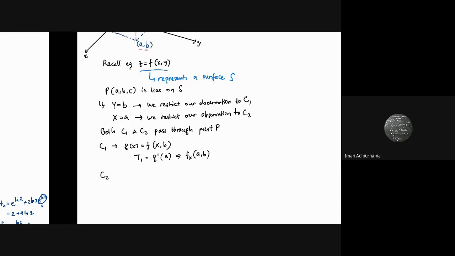And on C2, let's say it's h, and we call it T2, the second tangent. This will be h prime(b), and this will be equal to partial y of (a, b). Okay.